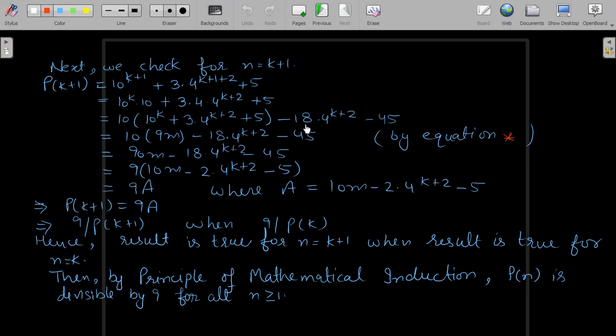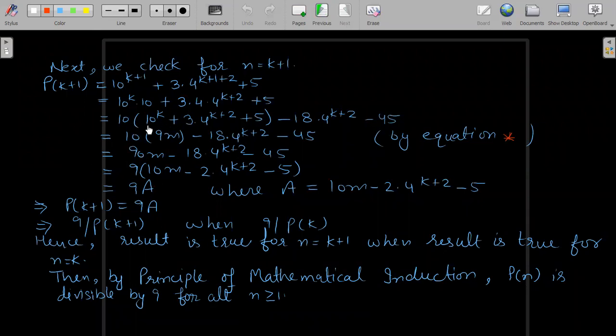So we subtract 18·4^(k+2), so that 30·4^(k+2) minus 18·4^(k+2) is 12·4^(k+2). Next, our term becomes 10·5 = 50, and we need only 5, so we subtract 45.